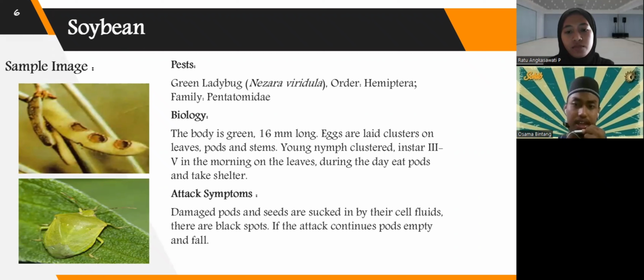During the day, they spot and take shelter. Attack symptoms: the pods and stems are sucked of their cell fluids. There are black spots if they attack the pods, which become empty and fall. This is a sample image of the green ladybug and the soybean.